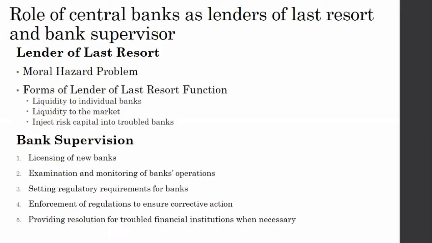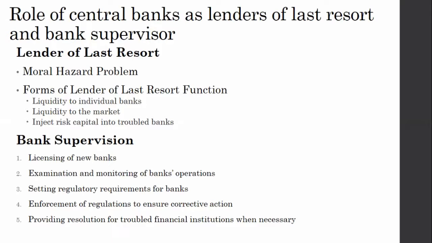And the second one, examination and monitoring of banks' operations. So there can be on-site examinations, off-site examinations. So it is up to you to find what is the difference between on-site examination and off-site examination, right? In on-site examination, central bank send a team to the bank and observe and check all the procedures, guidelines, everything.